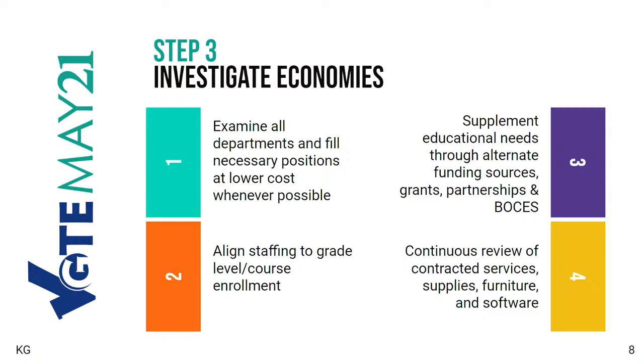Number two, aligning staffing to grade level course enrollment. This is a process that has evolved. I will give some kudos to Jeremy. When he was in HR, he did a really great job of getting us started around creating a better process for staffing where we're working with principals. And then, honestly, Gina, having her secondary and high school experience has been amazing in terms of really shoring this up to ensure that, number one, we're not running courses that have 7 kids in them, because that's not efficient.